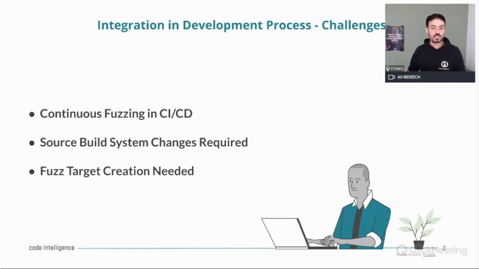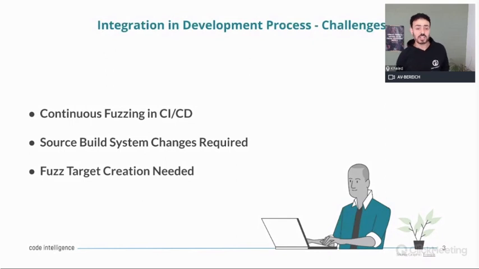So they have several challenges if they want to integrate fuzzing in the development process. This includes continuous fuzzing in the CI/CD, so that the software is fuzzed with each commit. You also would like to have an easy way to analyze and fix the bugs.